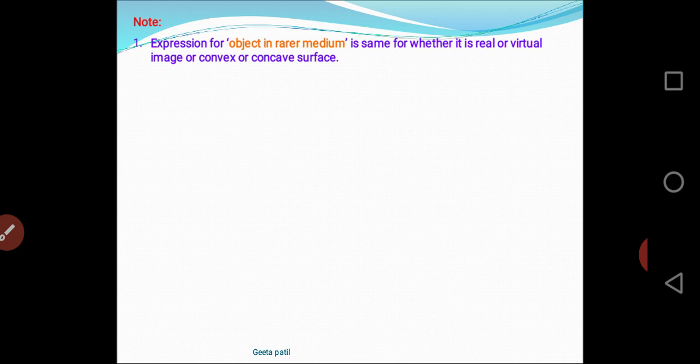We can note the important points. The expression for an object in rarer medium is the same whether it is a real or virtual image, or a convex or concave surface.